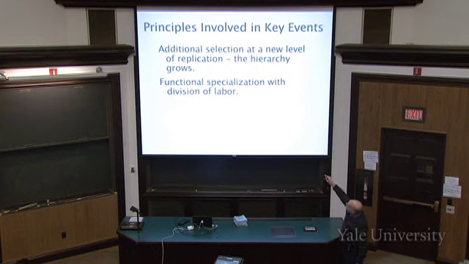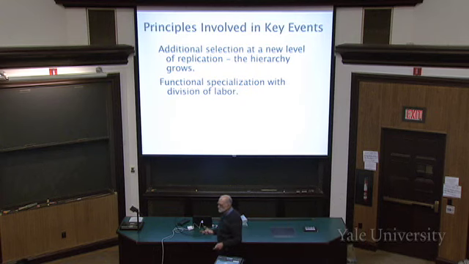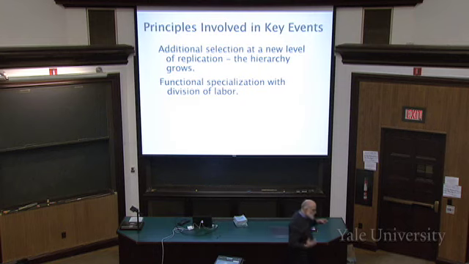When that new upper level originates, then there's an opportunity for functional specialization and division of labor. In the multicellular organism, we call this division of labor the origin of cell layers and organ systems, so that some cells make brains and other cells make hearts, some do respiration, some do excretion. That would be a multicellular division of labor.